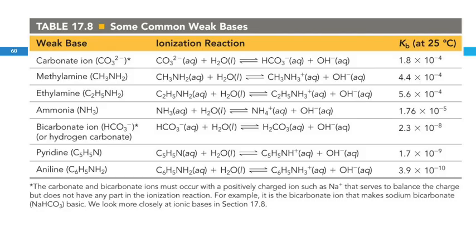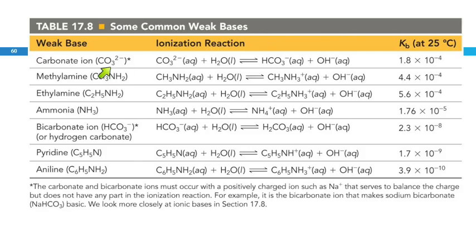Here's some weak bases, their ionization reactions and their Kbs. Carbonate ion is a weak base. It can react with water. It'll accept a hydrogen ion and form hydrogen carbonate ion and hydroxide. So that's a weak base.